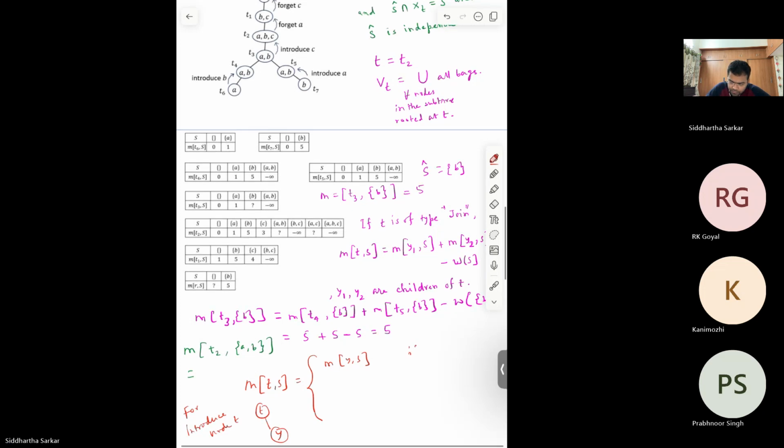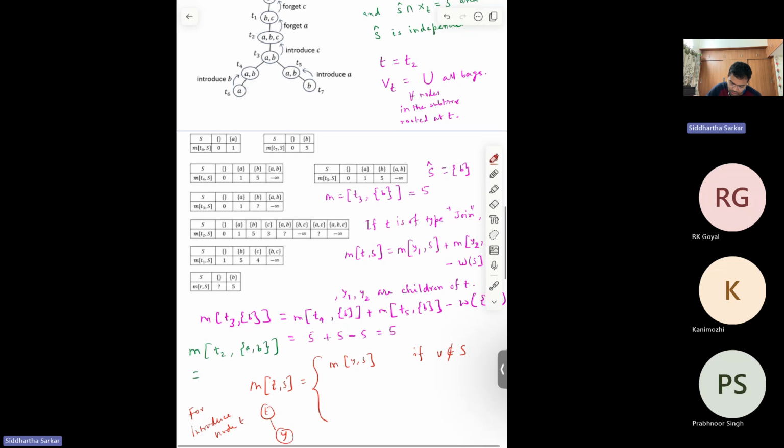This applies if V is not in S. Here V is the node which is introduced. So V is introduced at T. I'll write it down: element V is introduced at node T. So V is not in S. What is introduced in T2?